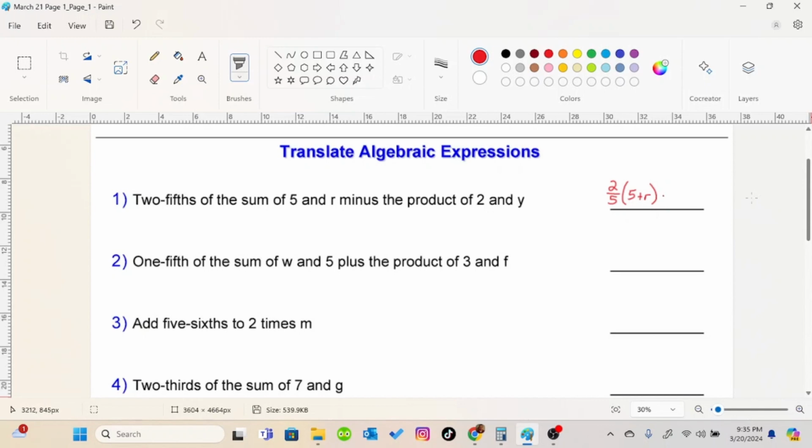Now we're going to subtract the product, which means you're going to multiply, of 2 and y. So we have 2/5 times 5 plus r minus 2y.